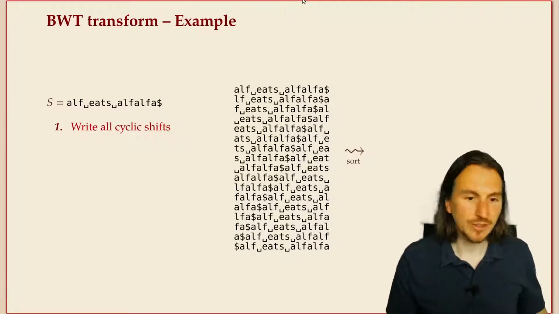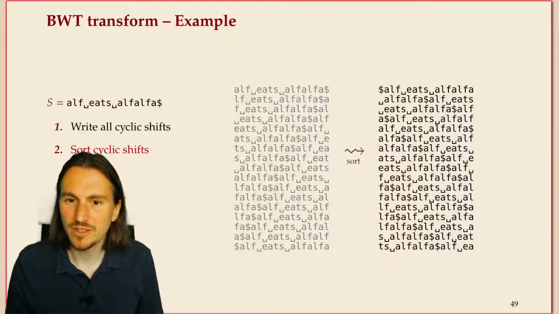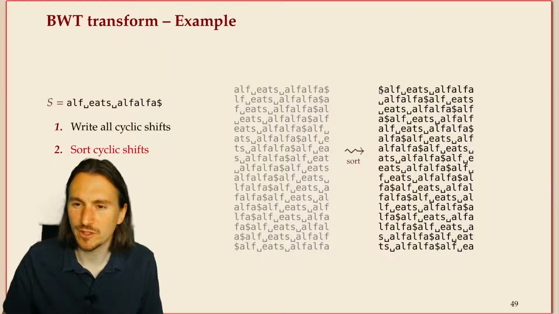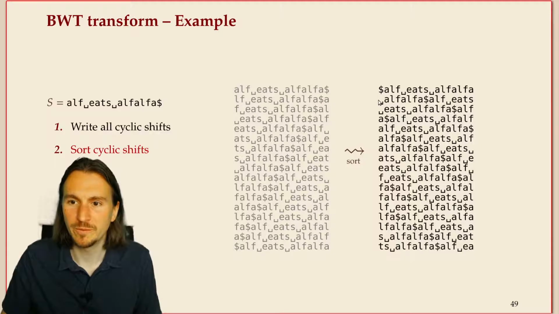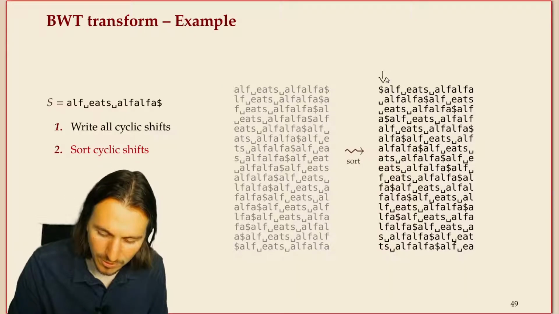Now we lexicographically sort these, and that gets us this list. So these are the same strings, but now sorted alphabetically. So the dollar comes first. That's our convention from Unit 6 as well. Then space comes before all the alphabet characters. So if you look at this list, this is always sorted, right?